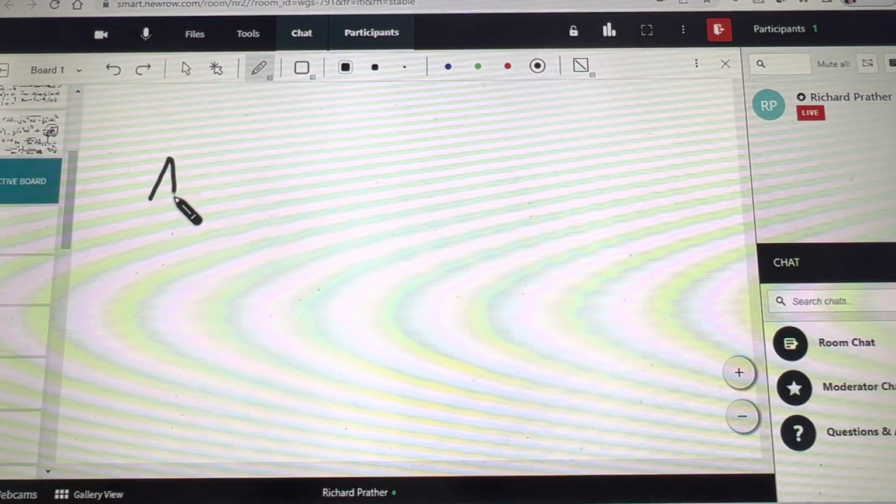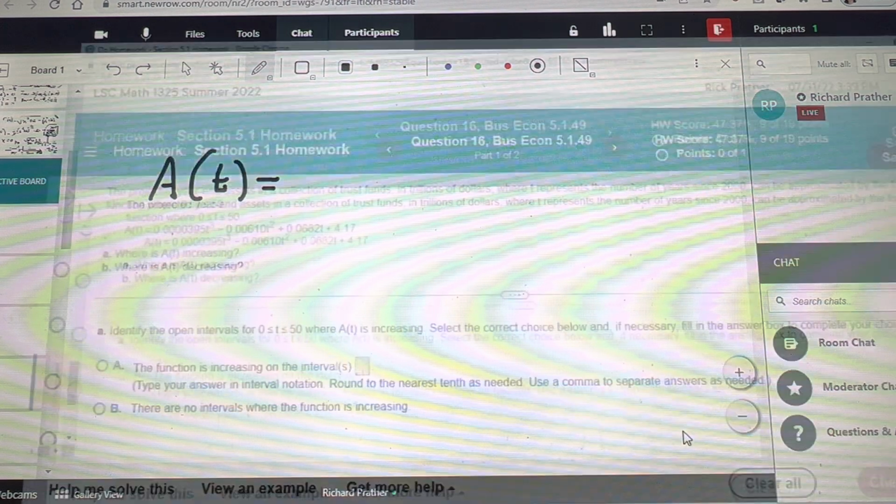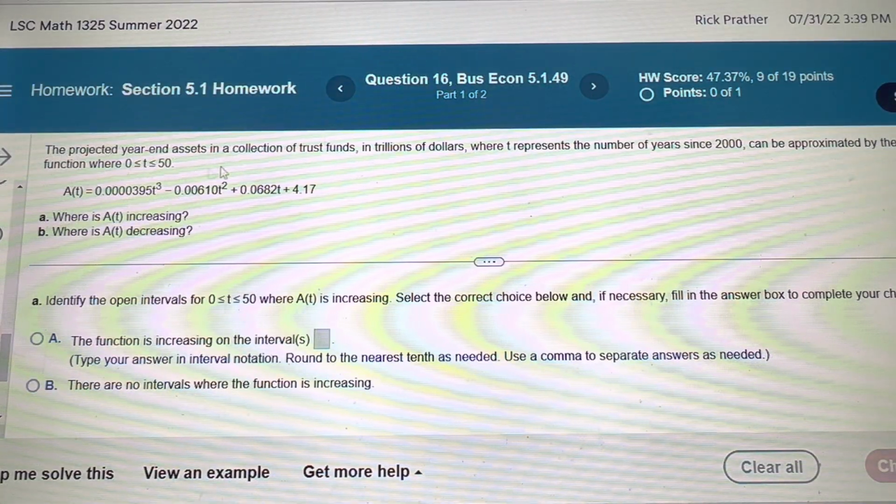So A of t, the asset function, in trillions of dollars, that's probably what the A is for. This is problem 16.